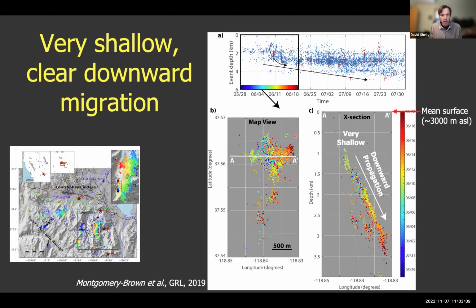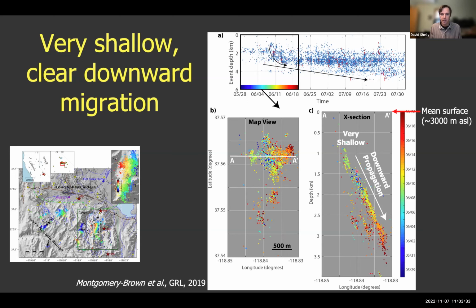This plot is showing a map view of this sequence. The events are color-coded with time, in this case from late May into mid-June, from blue to red. And the cross-section especially, I'll draw your eye to that events are aligned along a fault that's steeply dipping to the east.